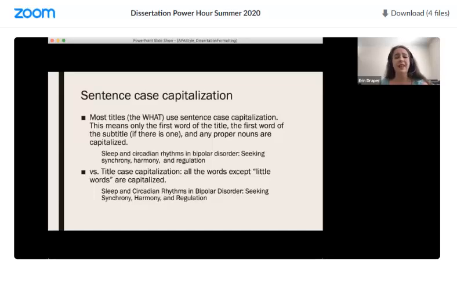The only titles that I can think of while I'm saying this that use title case capitalization are journals. So when you're referencing a journal article, the article title uses sentence case capitalization, the journal title uses title case.